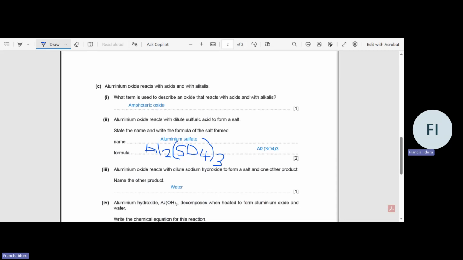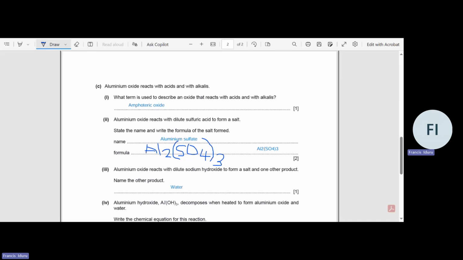Next part. Aluminium oxide reacts with dilute sodium hydroxide to form a salt and one other product, water, and the salt is a complex salt. Sodium dioxoaluminate 3.